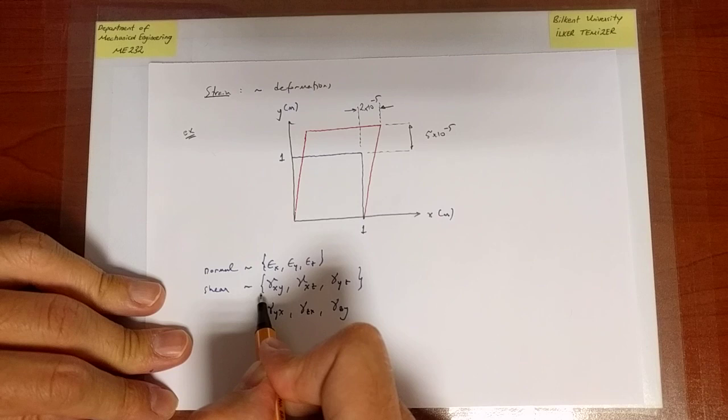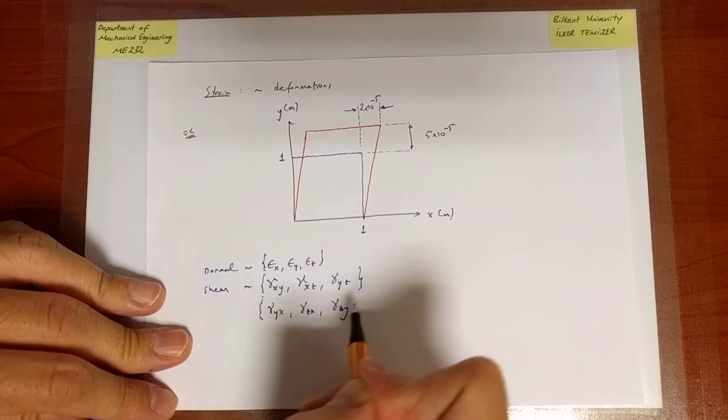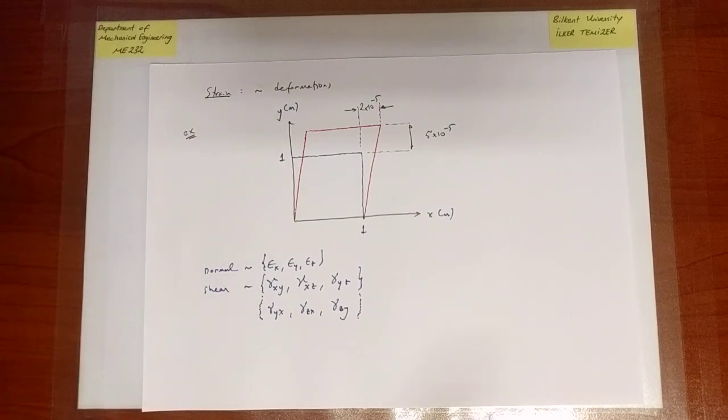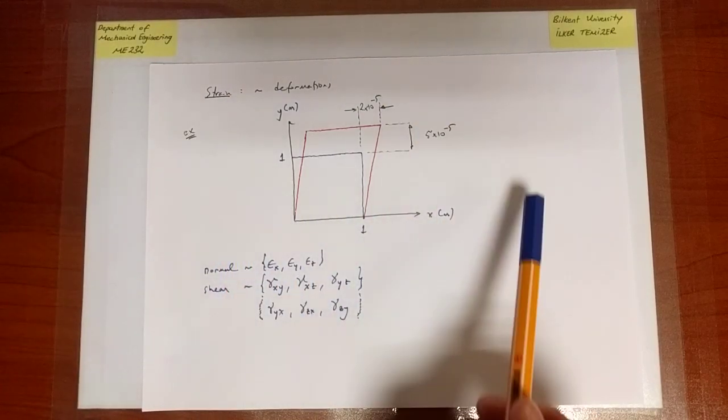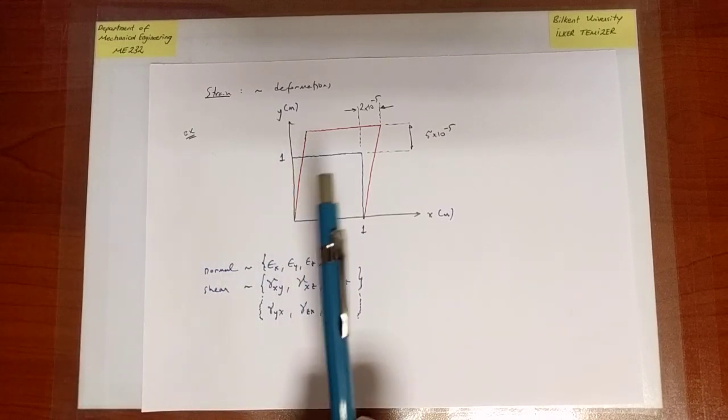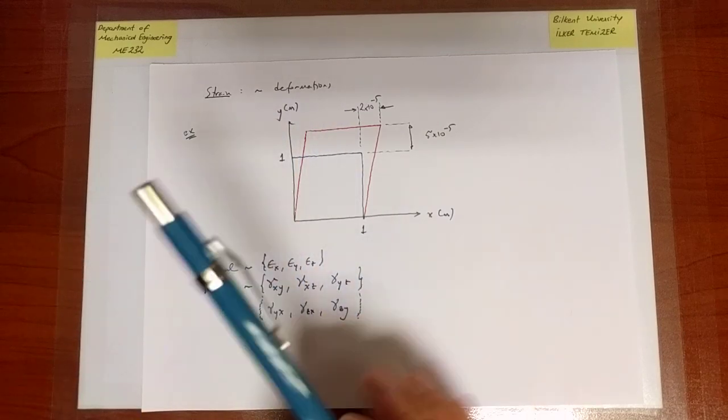Okay, so let's extend that list with this dotted line. All right, and now the question is, what are the components of the strain in this problem? Now, first of all, we're looking at a two-dimensional deformation.